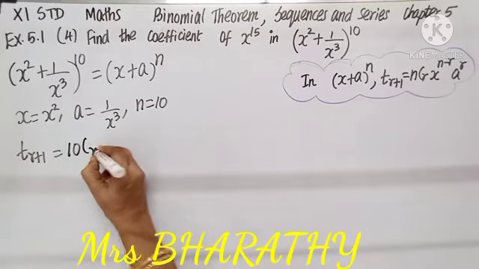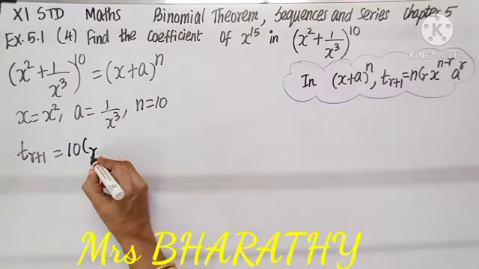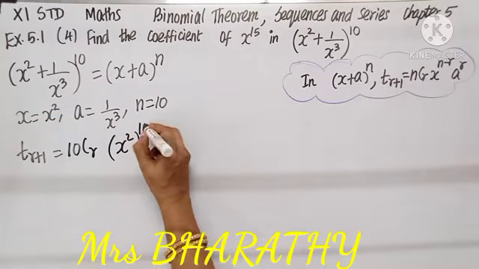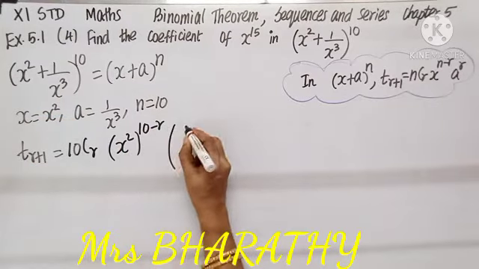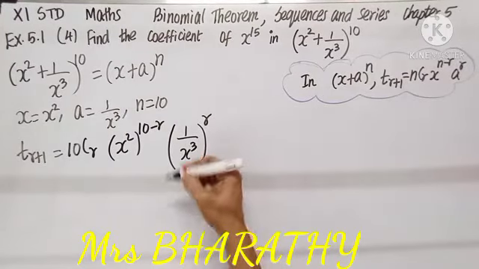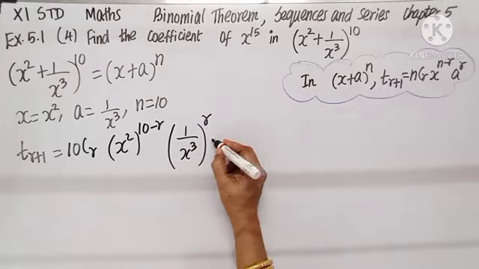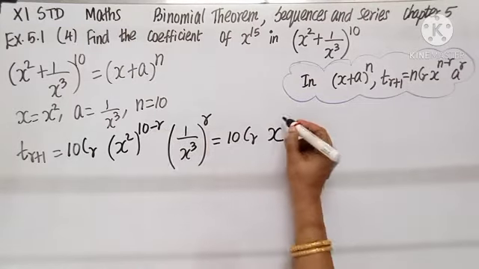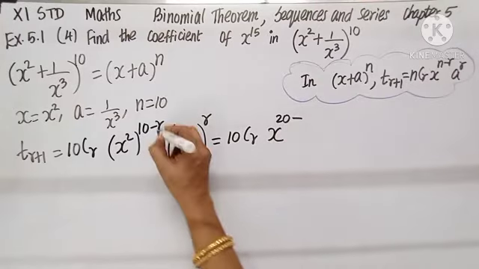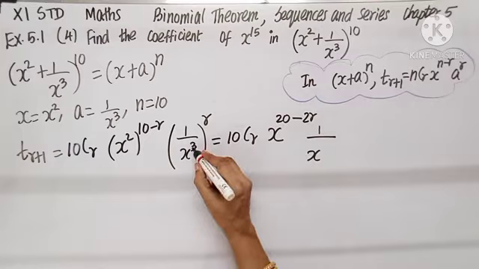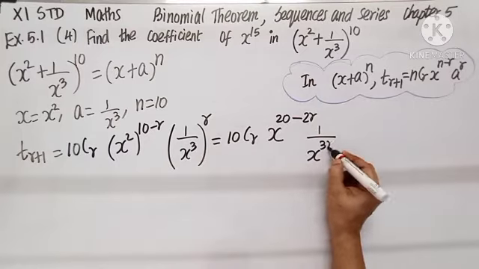10cr, we don't know r, x power, that is first term power 10 minus r, second term power r. Simplifying, I get 10cr x power 2 into 10, 20, 2 into r, 2r, 1 by x power 3 into r, 3r.